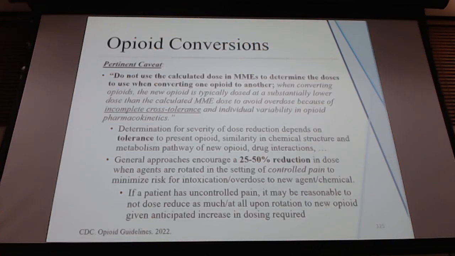Increase it. Okay? If we're going to go to another opioid, normally if their pain was controlled, we would decrease it. Because their pain is uncontrolled, we may just keep it the same. Okay? So you can think of that in a way of we would dose reduce for the tolerance, but we would dose increase because they're still in pain.